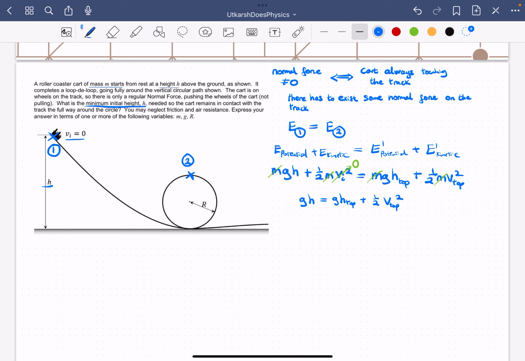Now there's 2 more parameters in this equation that we don't have figured out yet, and that's h_top and v_top. So h_top would just be this height basically, and that would just be this radius plus this radius. It's 2 times the radius.